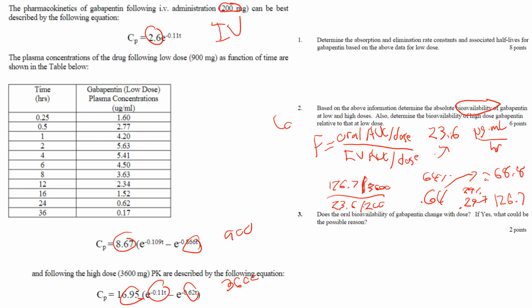Something important to remember here, and this will be the premise of problem 3, is that even if something has a lower bioavailability, more of the drug might still be delivered, which is what we see here, right? We can see the C naught is higher in the 3600, so even though the bioavailability is lower, we are probably still delivering more drug, but not at the same rate, so it's tapering off.